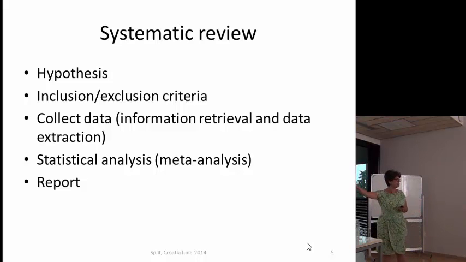You're going to collect your data, which in the case of a systematic review consists of two components. First, retrieving the information, retrieving studies and reports, and then extracting the data from those studies that are relevant to your research questions.